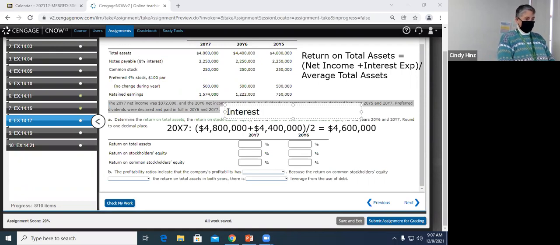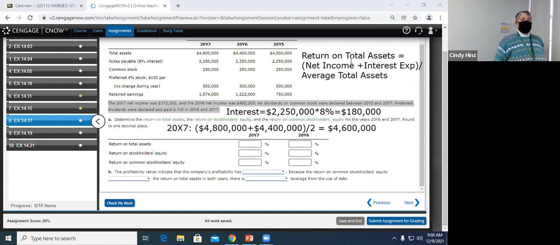So the interest was 8% times those notes payable. They've made it a little easier for us because it's the same notes payable each of the 2 years. The notes payable didn't change. Those are clearly long-term notes payable. We were paying $180,000 in interest each year.